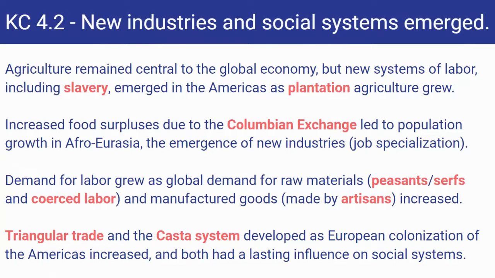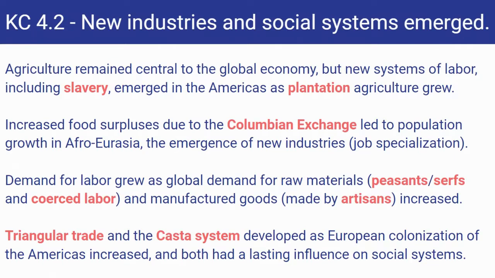The Columbian Exchange leads to population booms all over the world, and as I talked about in class, those population booms lead to further job specialization and the emergence of new industries, because there were more people in more urbanized settings that did not need to spend all their time trying to find food or working toward there being enough food, and so they could do other things.